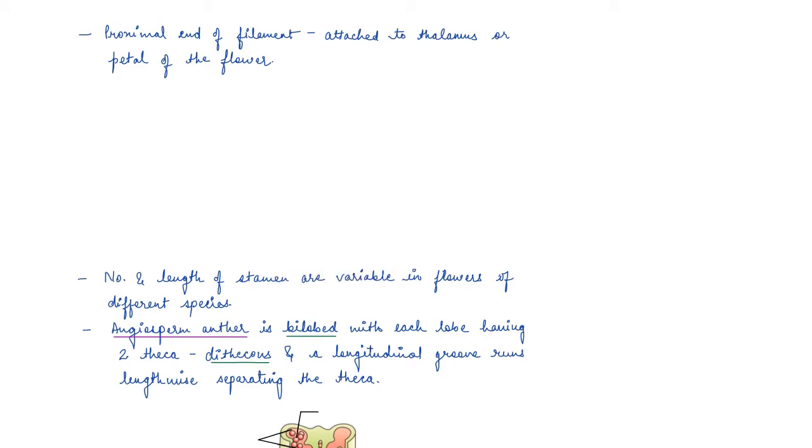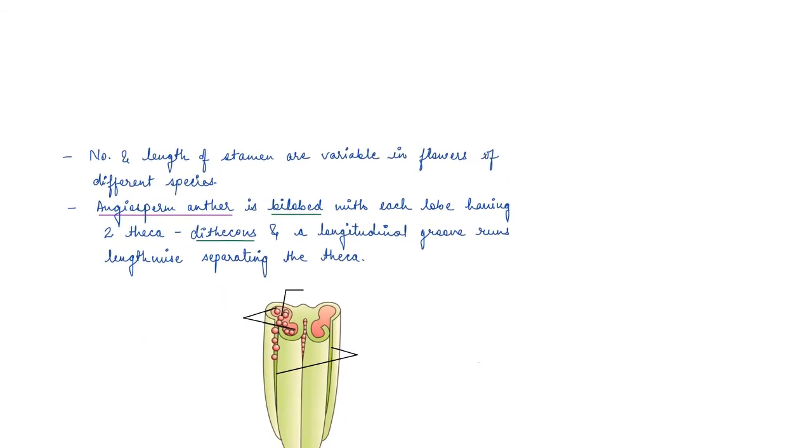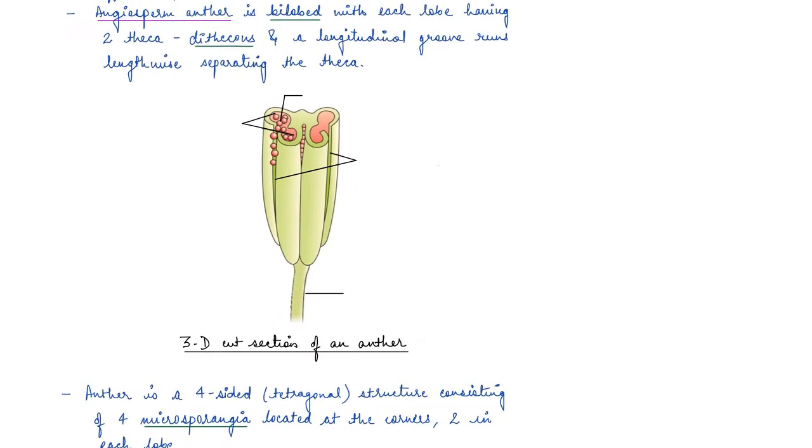I'll show you that as well. Okay, so here if you see the anther structure, you'll see that it is bilobed. So here this is one lobe and this is the other lobe, right? And each lobe has two theca. So there are two rounded structures in each lobe, right?